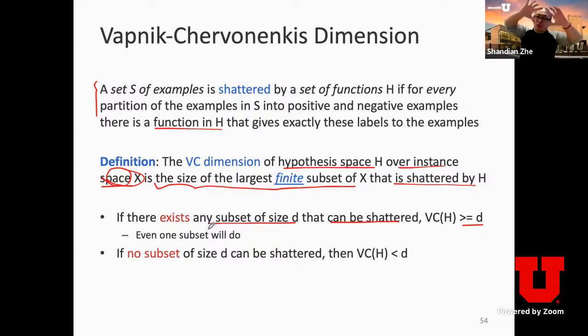If we can find a particular set of 3 points that can be shattered by your hypothesis space, then the VC dimension of your hypothesis space is at least 3. Even one subset will do. We do not require every subset of size D to be shattered. If there is not any subset of size D that can be shattered, we claim that the VC dimension is less than 3.